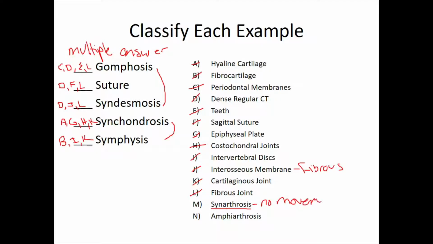Suture should be, that's an M. Suture should be no movement. The syndesmoses, those are those interosseous membranes, so we want amphiarthroses there. Synchondrosis, this is no movement, so M. And the symphysis, there's slight movement, N.